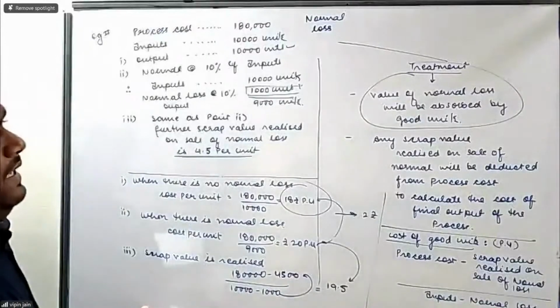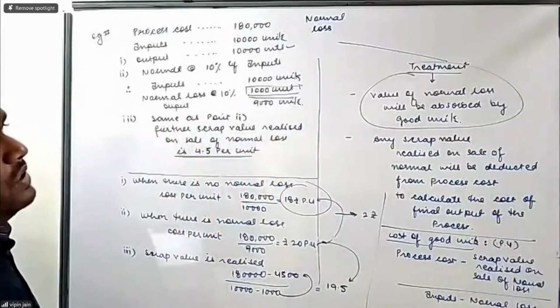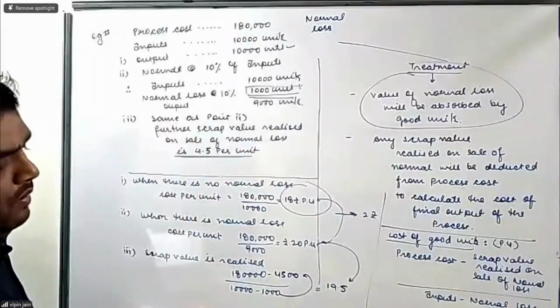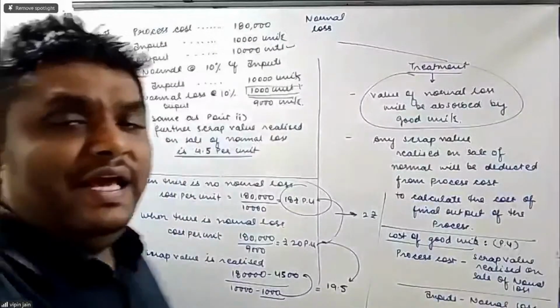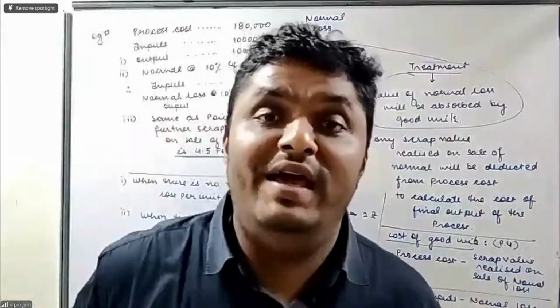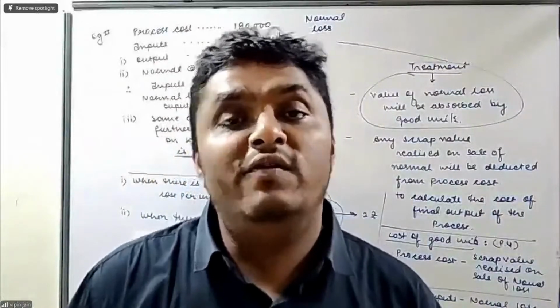See, I repeat again, there is a normal loss of 10% of input. So the units are already deducted. Earlier we were getting nothing, but now we are recovering 4.5 per unit for every unit of normal loss.